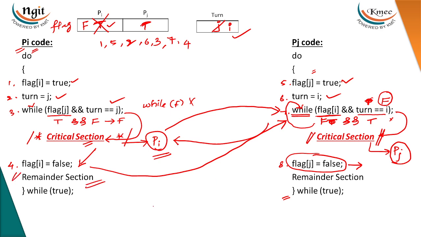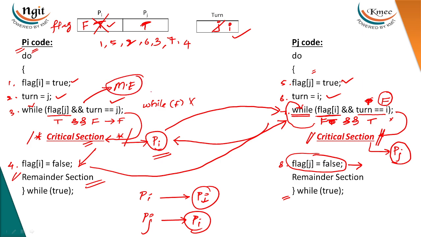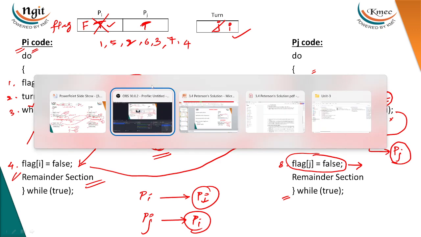So this is how, when PI is in critical section, PJ will be stuck in while loop. When PJ is in critical section, PI will be stuck in while loop. So the while loop we are implementing as a mutual exclusion that guarantees that only one particular process will enter into critical section. Other process has to wait to execute.